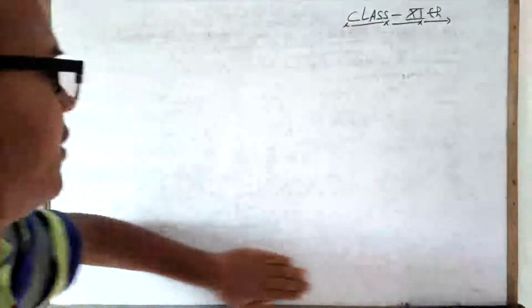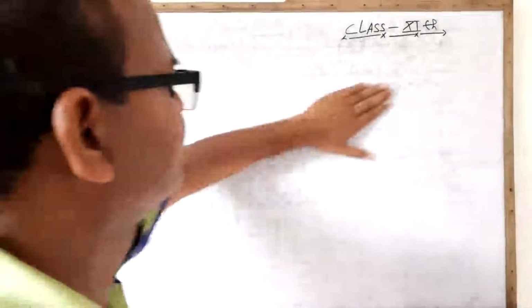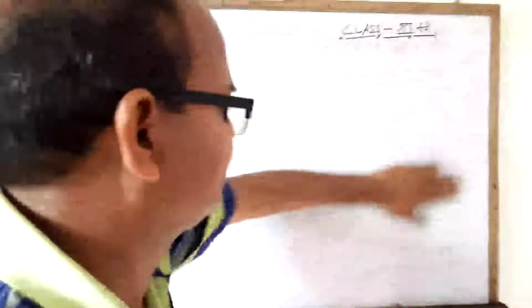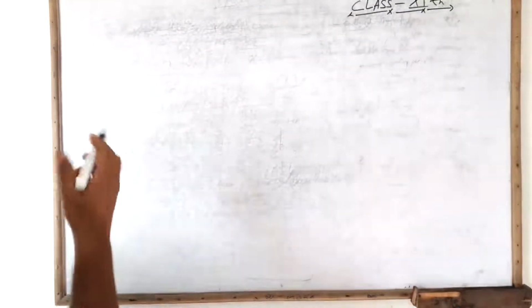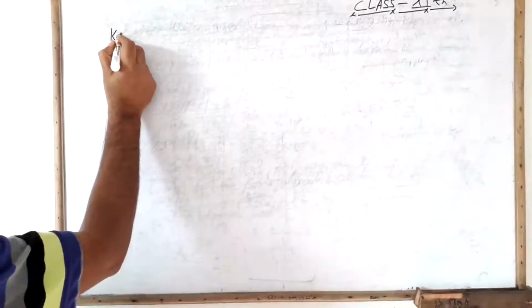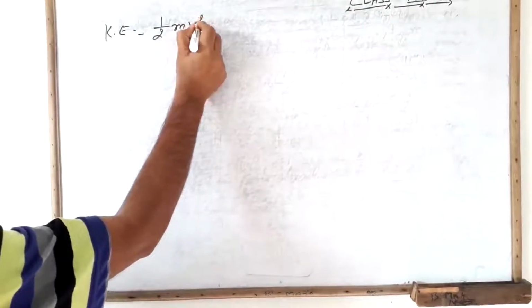Now I am discussing the kinetic energy. What is the dimension formula of the kinetic energy? First, we should write down the formula of kinetic energy. You know that kinetic energy is equal to half m v square.